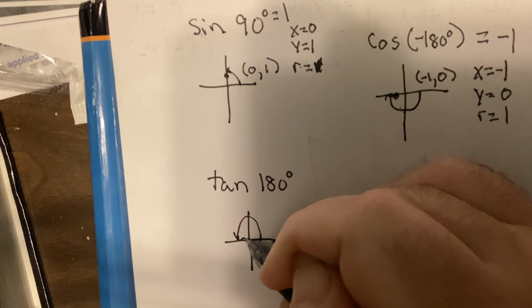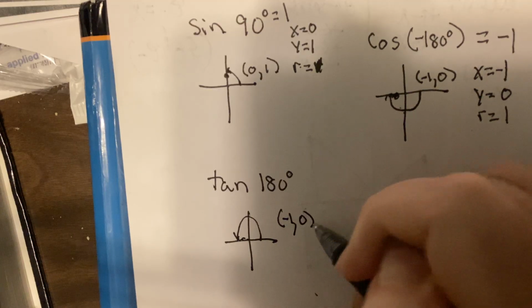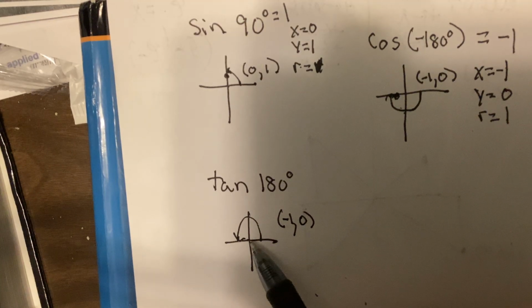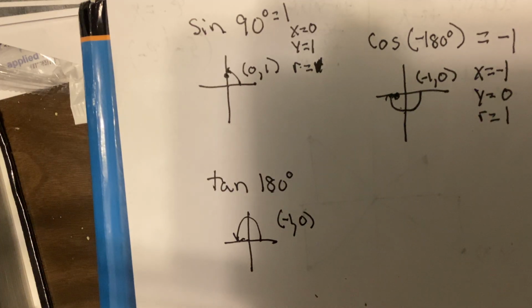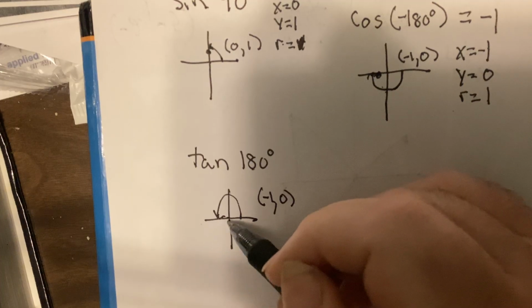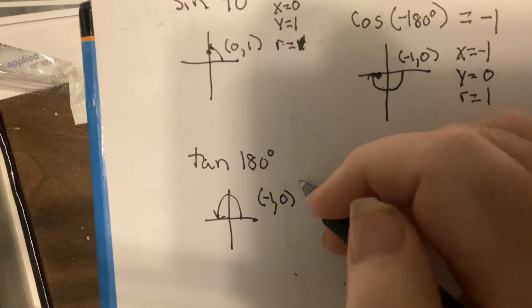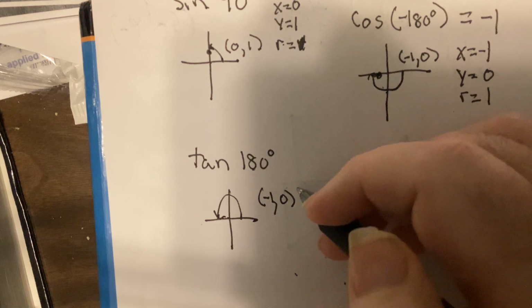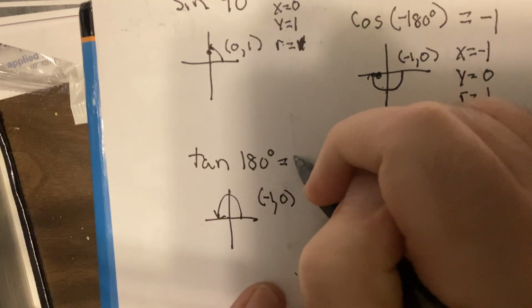We pick a point 1 unit from the origin, so that would be negative 1, 0. 180 and negative 180 have the same axis. Let's say it that way. So let's see. Tangent is y over x, so it would be 0.